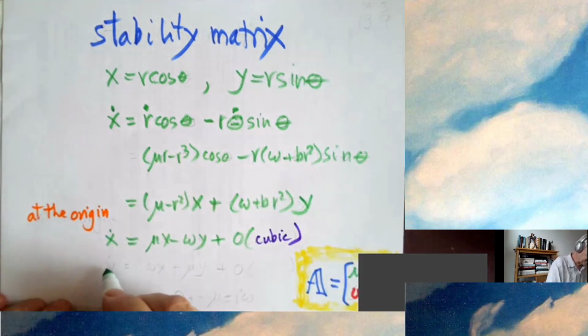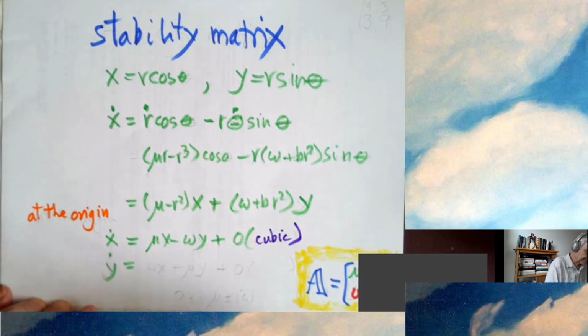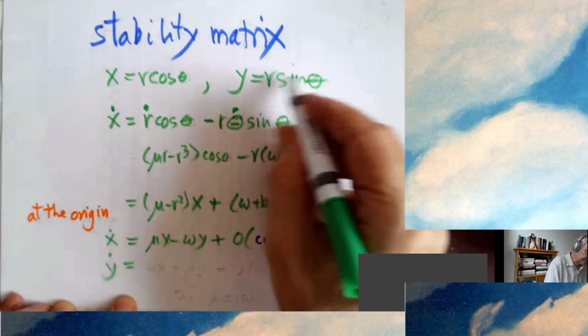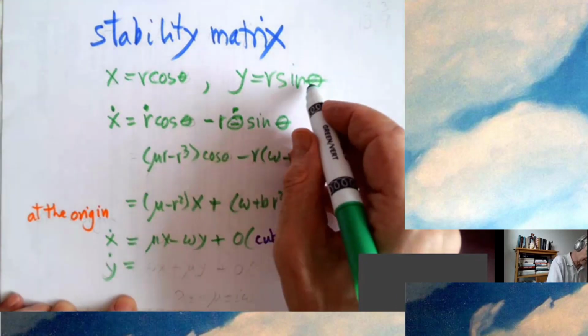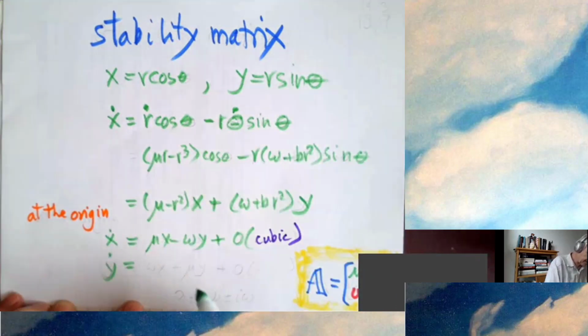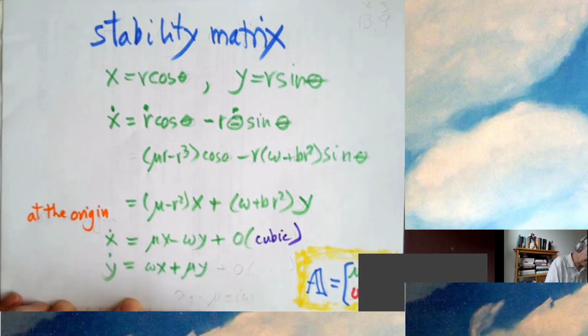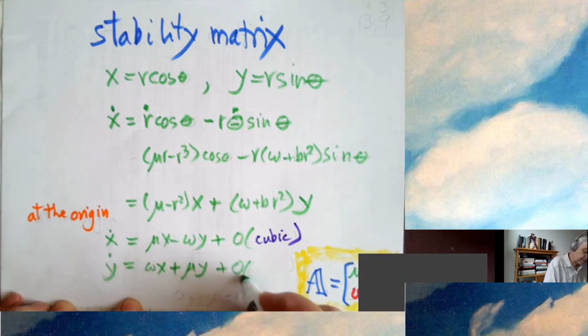And if you repeat this, you'll get a very similar thing. These guys, you get sines and cosines. So you end up with omega x here, mu y here, plus order cubic.